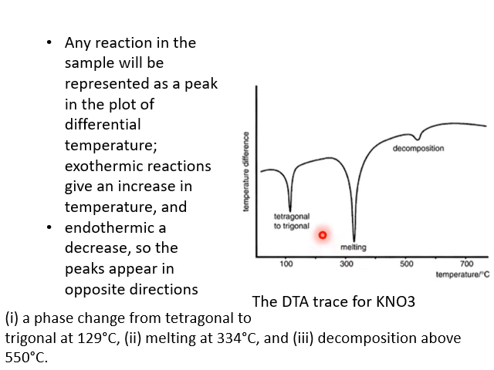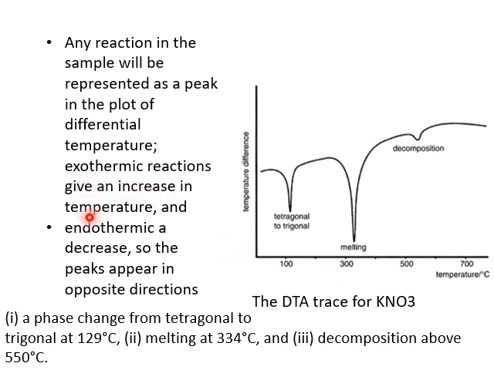This type of DTA gives information about the thermal behavior of materials: what takes place before melting and after melting, what the melting point is, at what temperature it will decompose, and at what temperature it converts from tetragonal to trigonal form. All this information we can get from this type of DTA diagram.